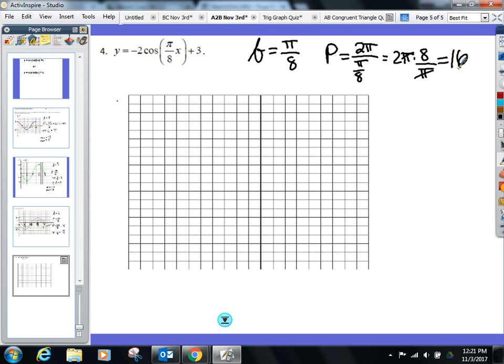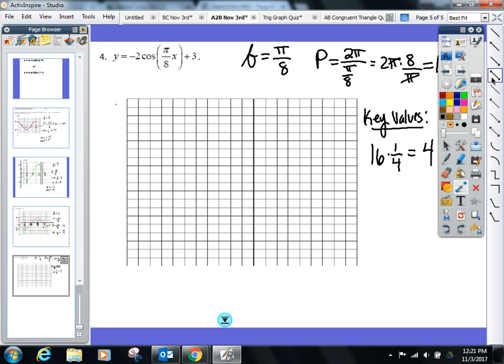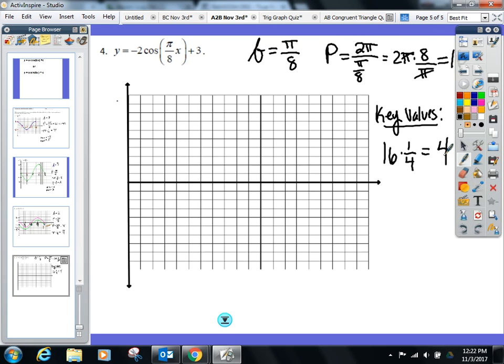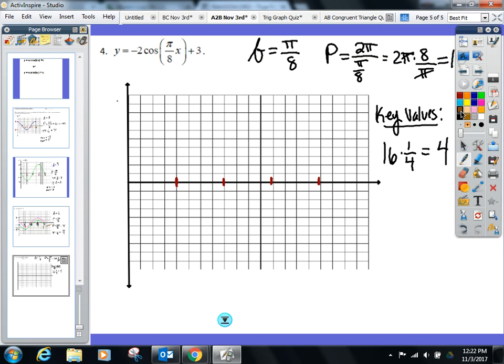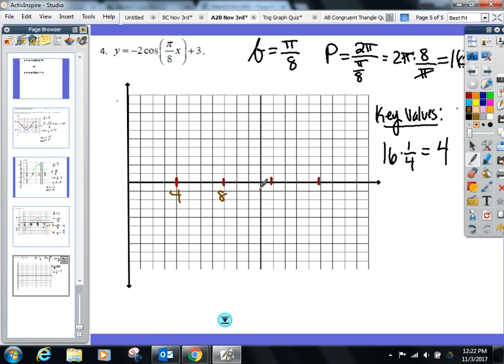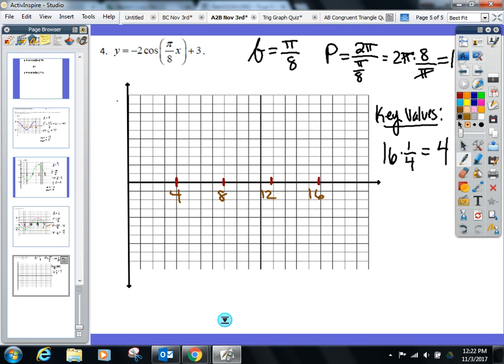Remember, the period is what your x-axis should end, not what you're going by, where it ends. It's got everything, guys. It's got a negative, it's got an amplitude and a shift.